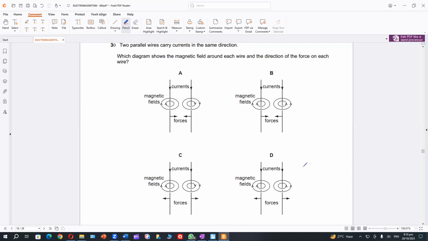Two parallel wires carry currents in the same direction. Which diagram shows the magnetic field around each wire and the direction of the force on each wire? Now, this is also a similar question. Try this.